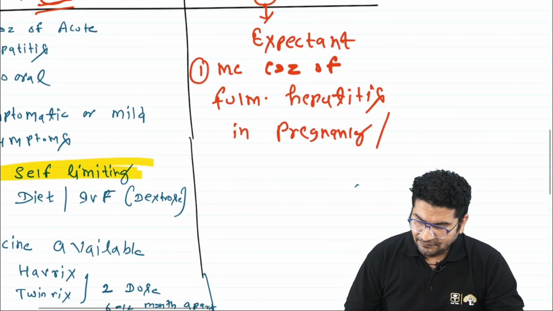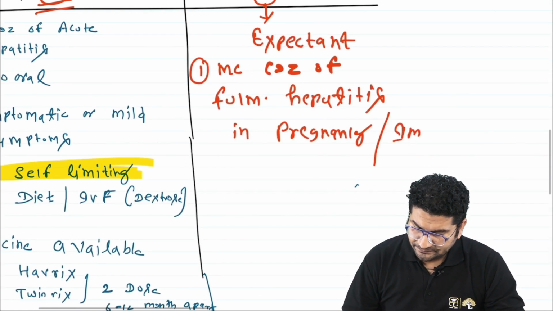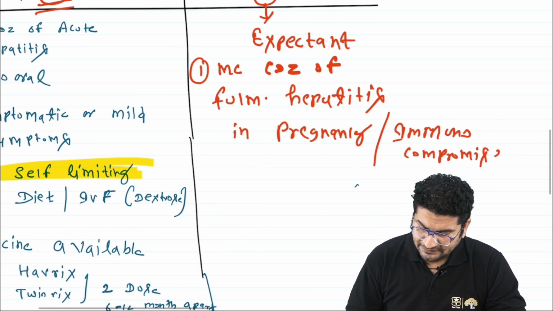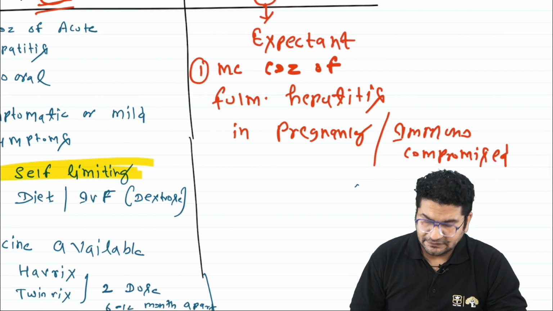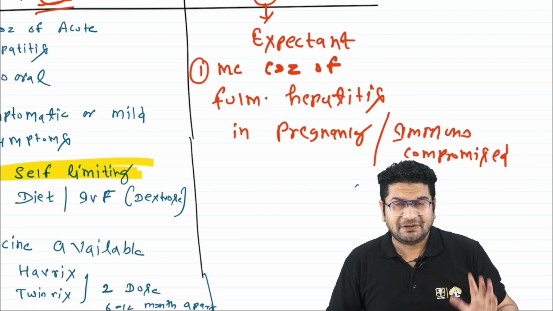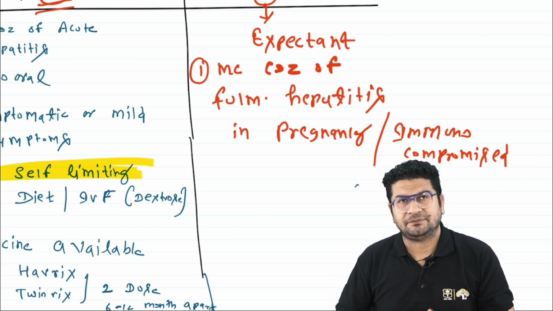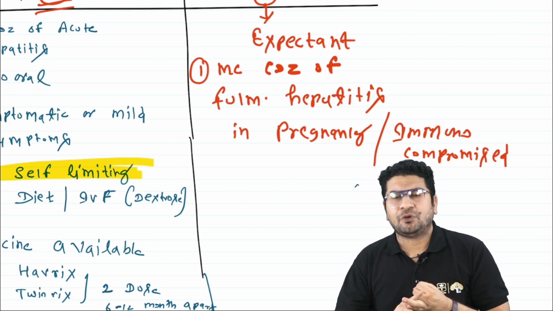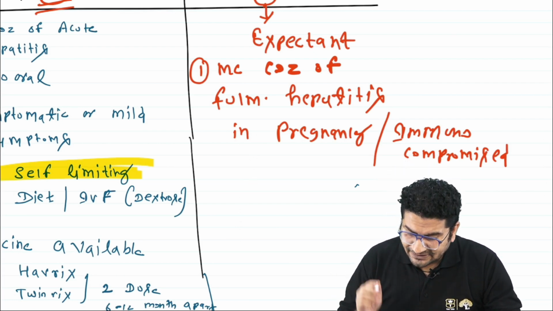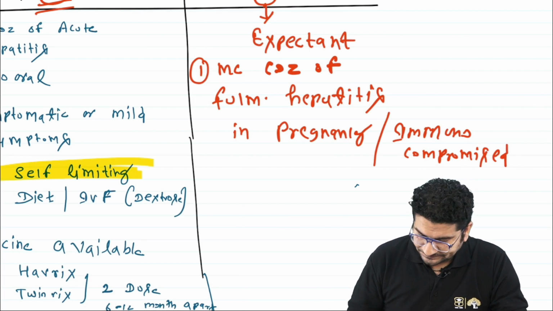Second, it can also affect immunocompromised patients. So understand this: hepatitis E is generally not a dangerous infection in non-pregnant or non-immunocompromised patients. In a non-pregnant and non-immunocompromised patient, hepatitis E is not dangerous. It is extremely dangerous in case of pregnancy, right?